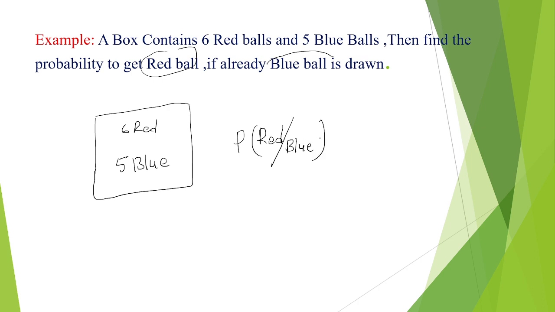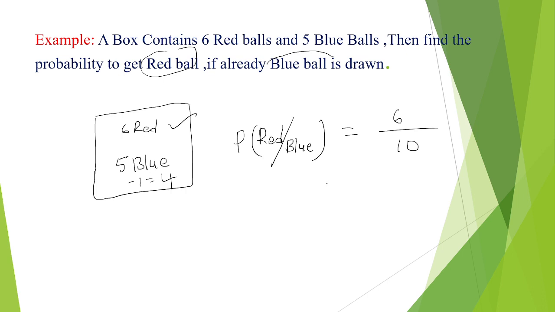That is the condition. The favorable outcomes are the 6 reds. Out of the blue balls, 1 is already gone, so 5 minus 1 equals 4. 6 plus 4, totally 10.